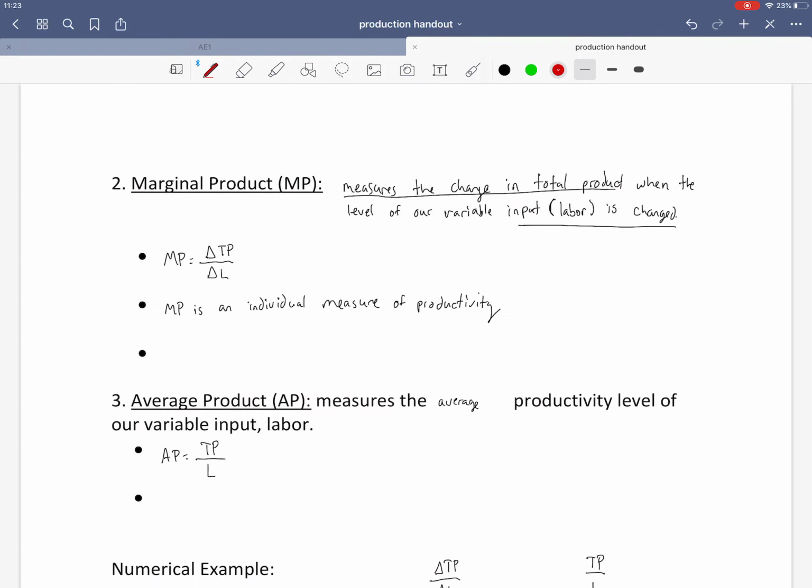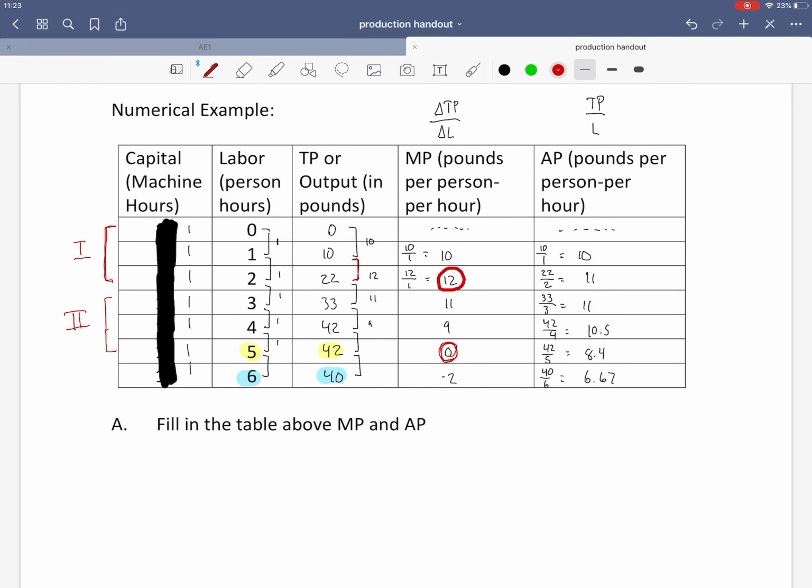So let's find stage 3 in our table here. So it will just be right here. Once again, we see that total productivity decreased from 42 to 40. And we also see that our marginal product is a negative number. Now, you never want to be in stage 3 of production because once again, we see that each additional worker that we're hiring is actually harming the firm and we're causing our production to go down.